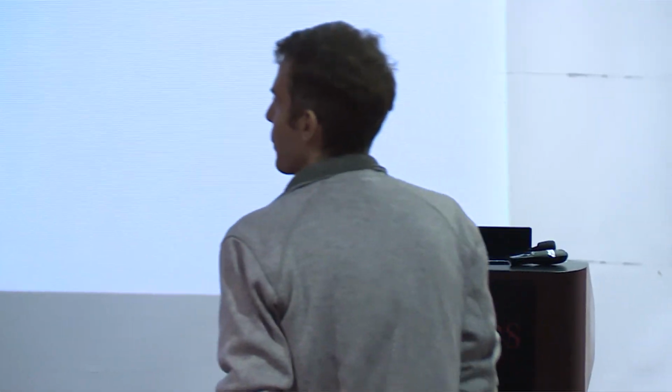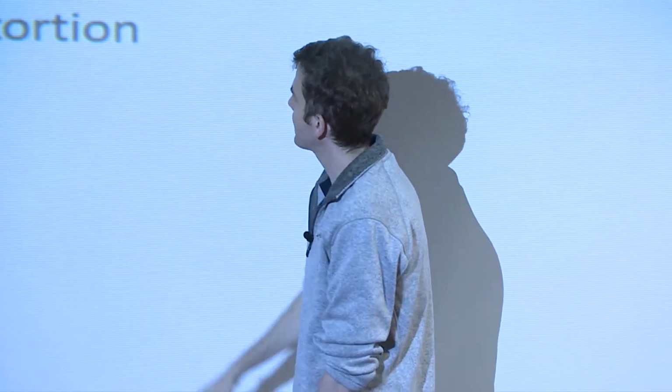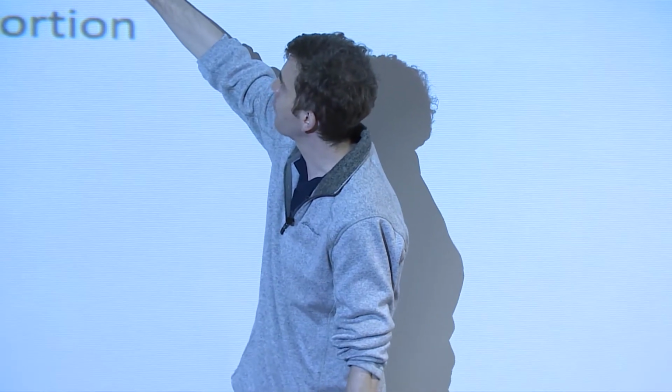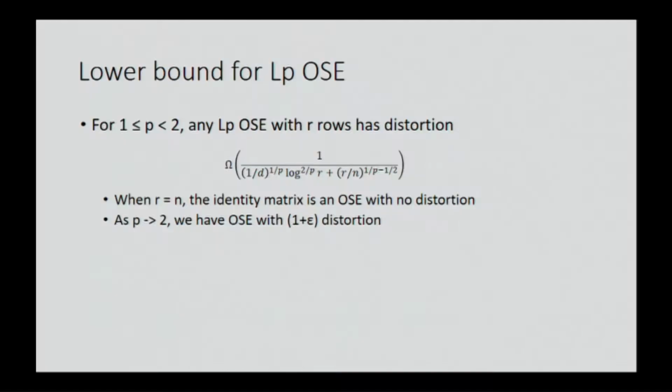Also, we know that when p equals 2, there is a nice oblivious subspace embedding that we already talked about. So the lower bound should also break down as p approaches 2. And indeed it does, because this exponent is 1 over p minus 1/2. If p is 2, the exponent is 0, r over n to the 0 is 1, and I also get no lower bound, as I would expect.